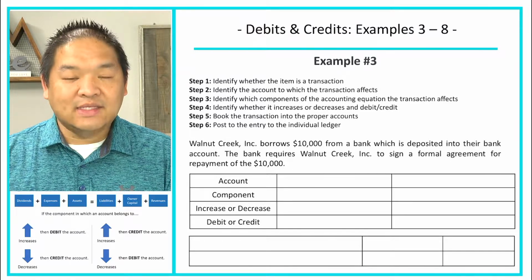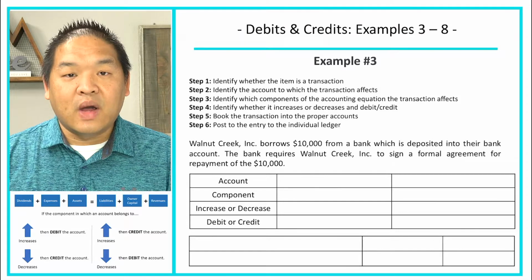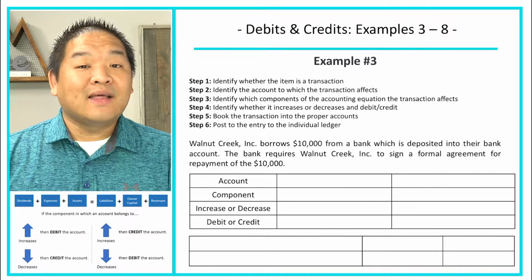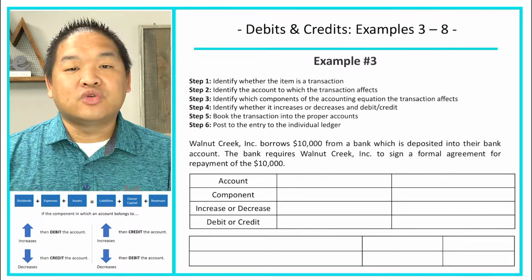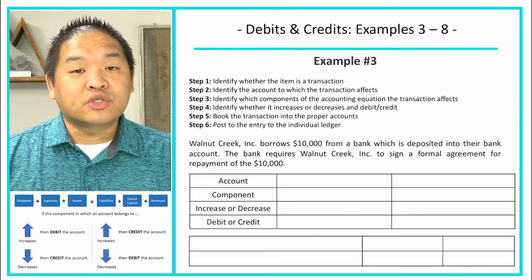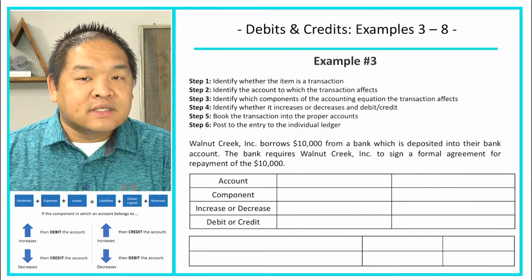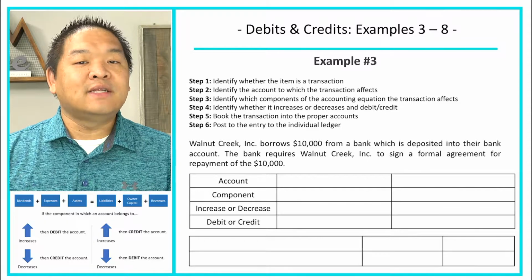In addition, we've got the example right below that, and then we've got a set of 8, or really 12 boxes, but 8 empty boxes that we're going to fill in. The way that I like to think about those boxes is that's kind of how you should be thinking about the transaction as you're coming up with a journal entry. Now, as we go through this course, I'm going to start to remove those 12 boxes, assuming that you're getting better and better at journal entries, and therefore you're not going to need them.